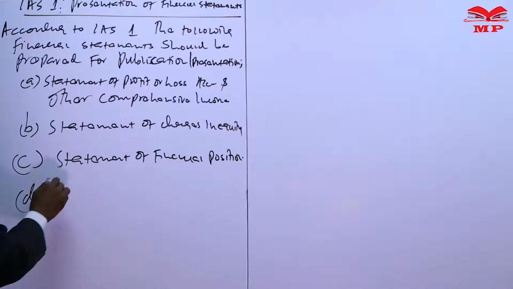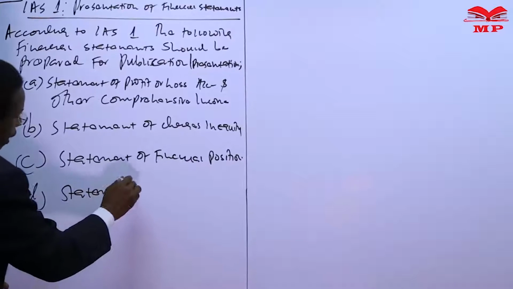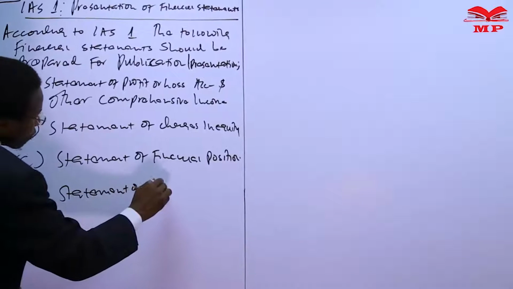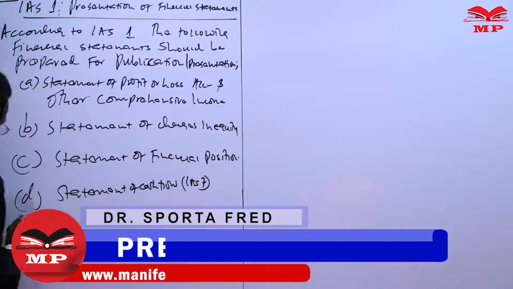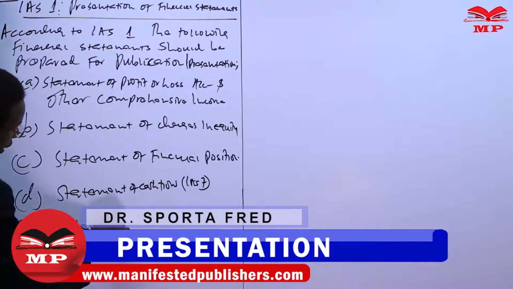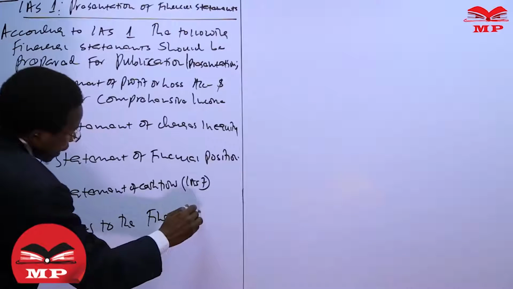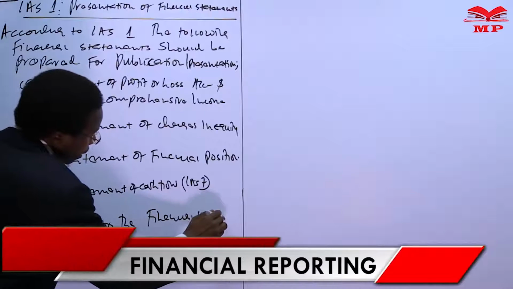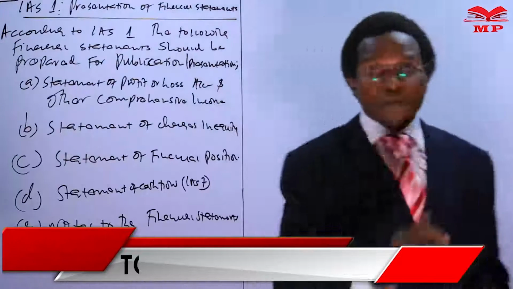D, we have a statement of cash flow, presented in accordance with IAS 7. Then E, we have the notes to the financial statements. Those are the items that will be required to be presented for publication.